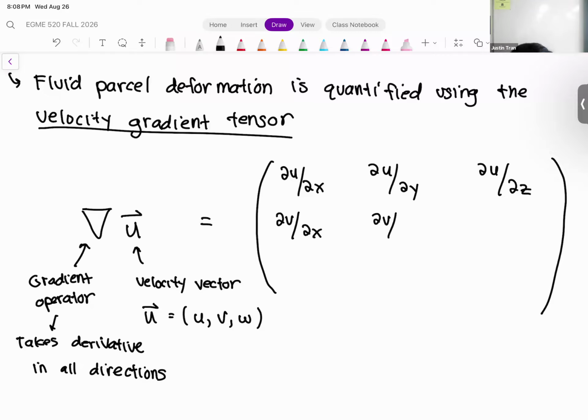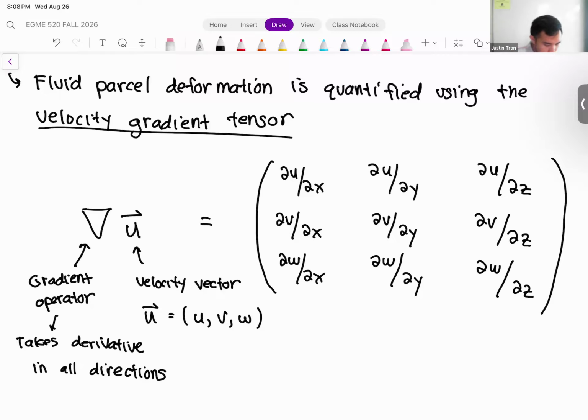So partial w, partial x, partial w, partial y, partial w, partial z. All right. More alphabet soup.